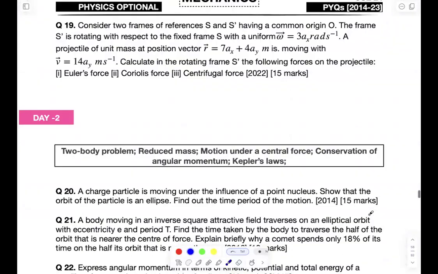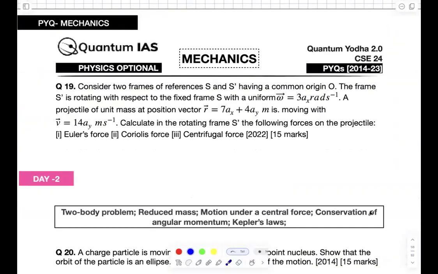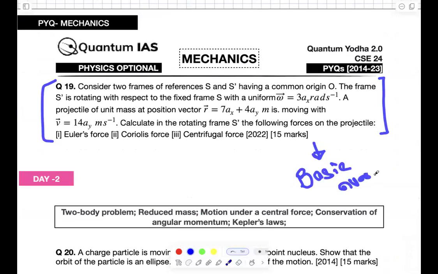This is what they have asked in 2022, and this question is again what? A basic numerical. You will see how easily a basic numerical gets solved. So you need to understand that from centripetal and Coriolis oscillation, right? From application of rotating frame, they are asking only basic.